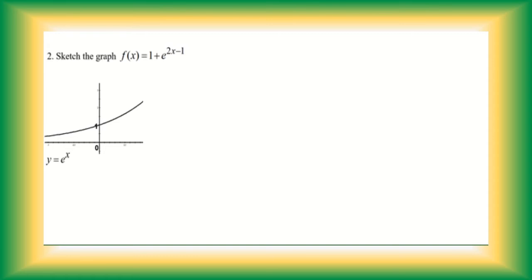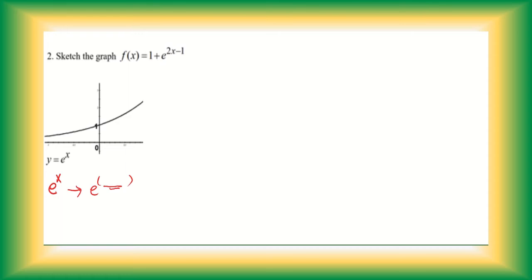Next, we need to carry out x transformation. Since the parent graph is e to the x, if we replace the x with brackets, all the terms inside the brackets are the x transformation.